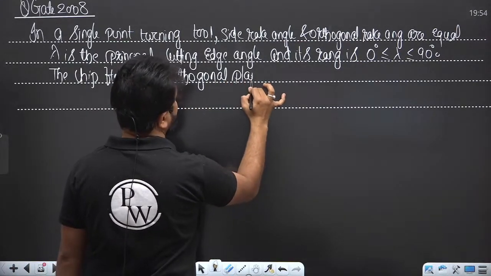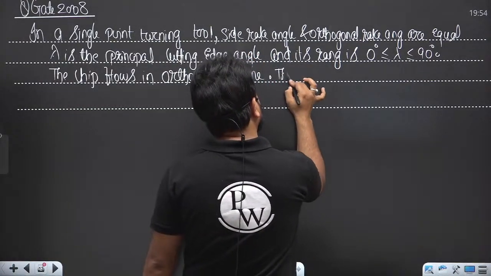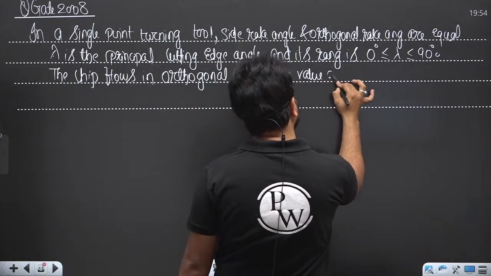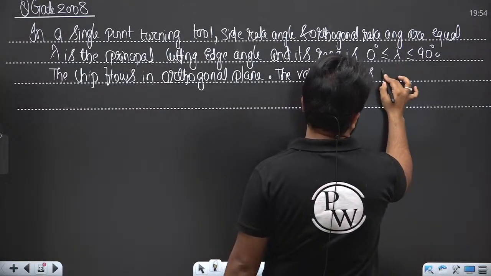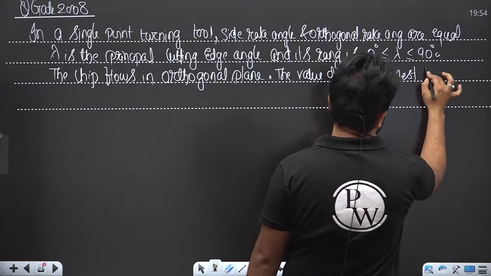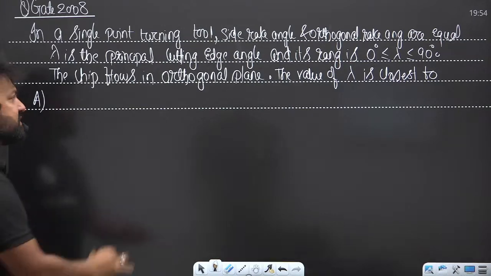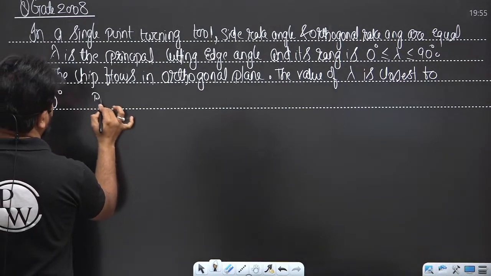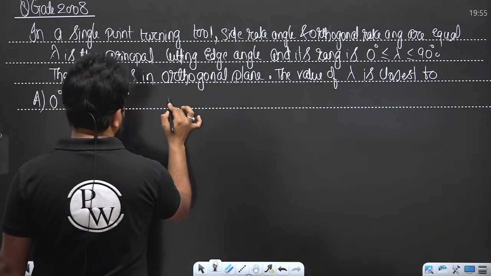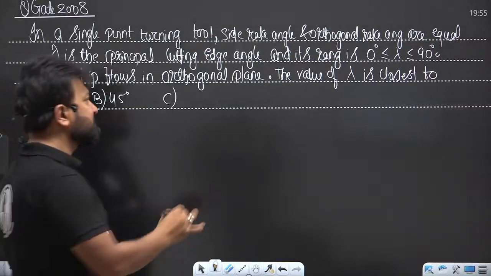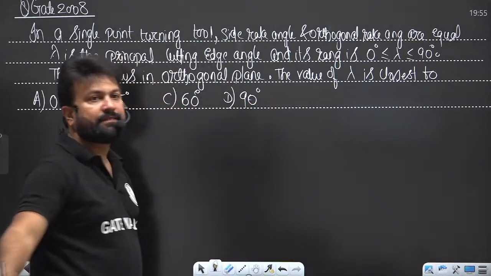The value of lambda is closest to: option A, 2 degrees; option B, 45 degrees; option D, 90 degrees.